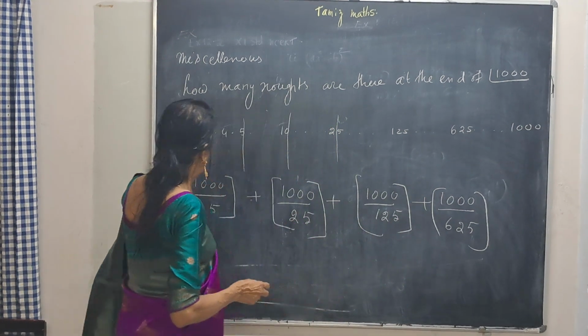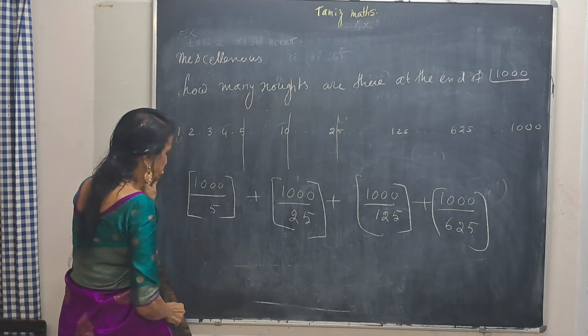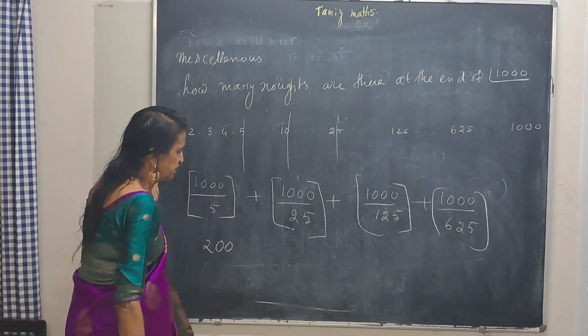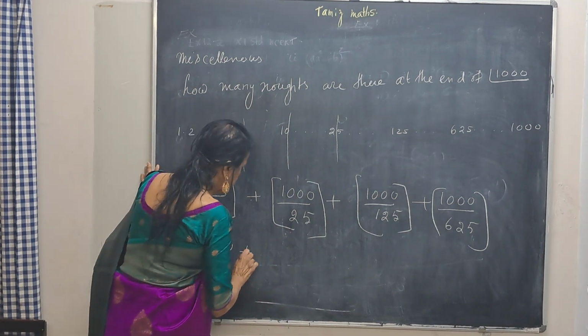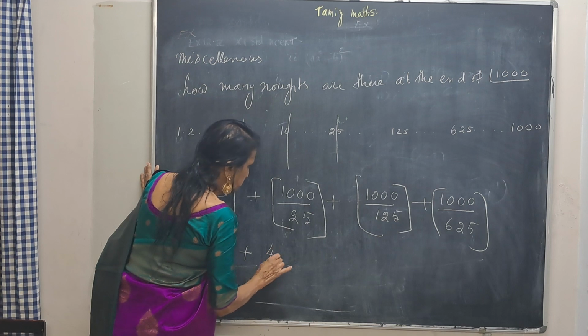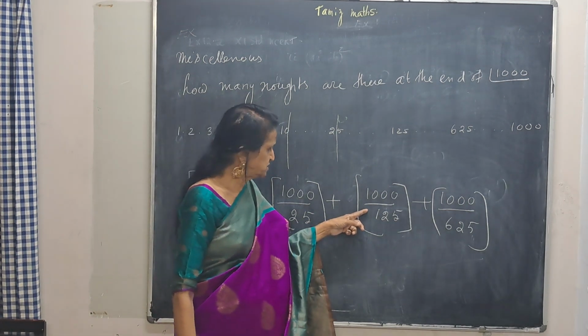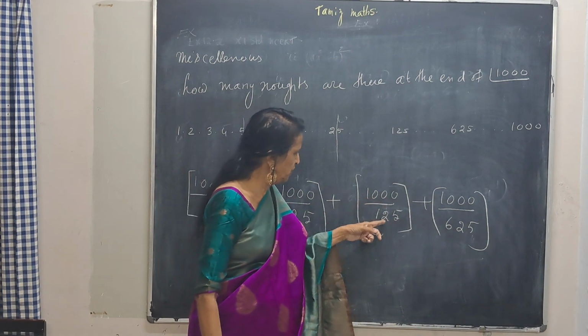Now we will see. What is the greatest integer here? 200. What about this? 40. What about this? 1000 by 125.